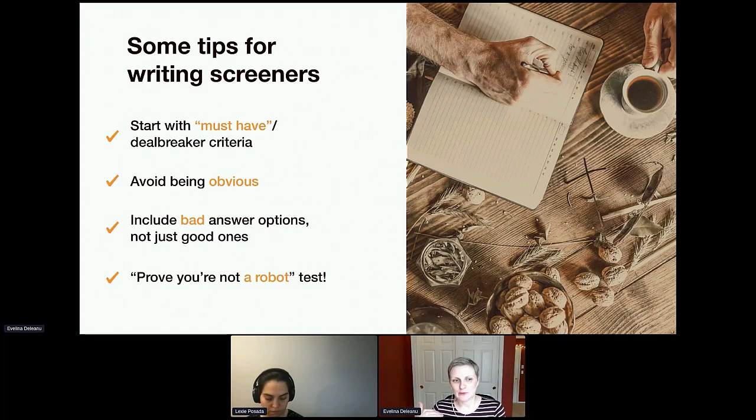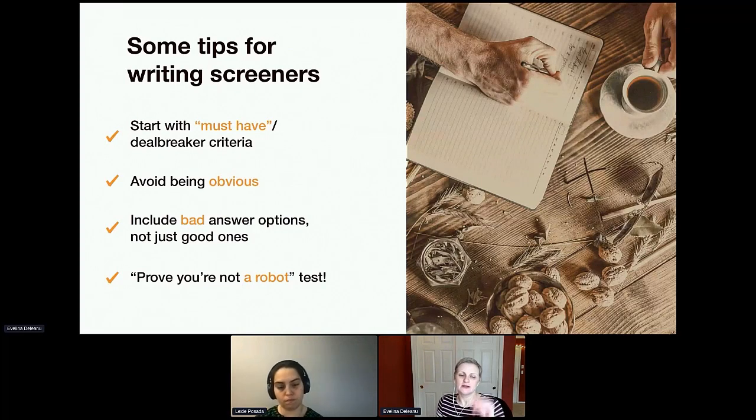For example, you could include a product name that doesn't exist. You can include a product brand that doesn't exist. And if they select that option, it's a red flag for you that they either were not paying attention or they're just trying to get through the screener and sign up for your study.